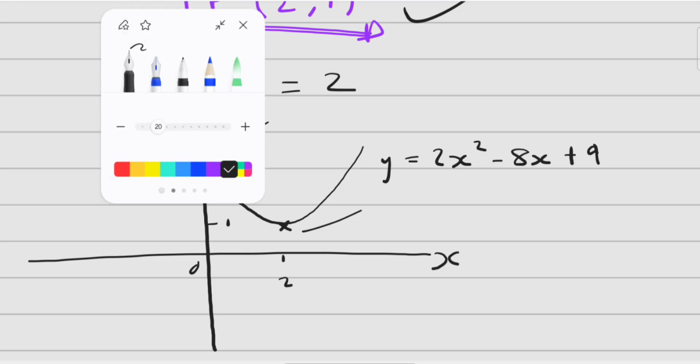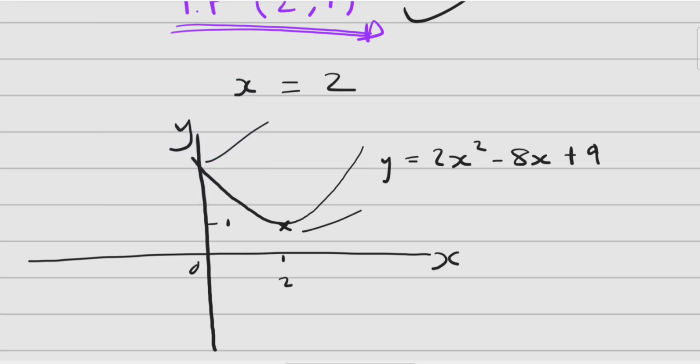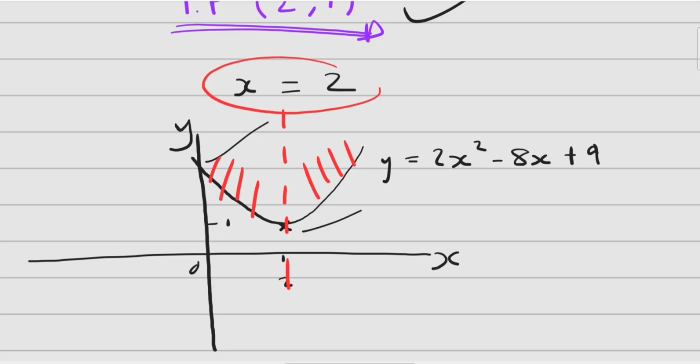So if we're looking at this, we can see that the line x equals 2 divides this graph into two, which is this part and this part, and the two parts are similar, right? So that's why we said the equation of the line of symmetry in this case is x equals 2, right?